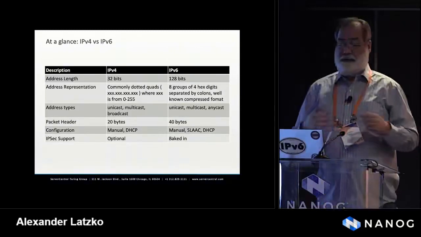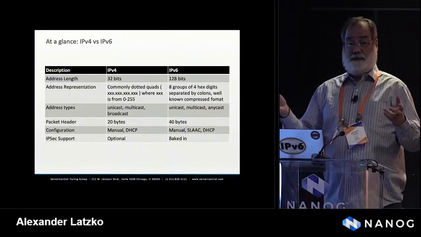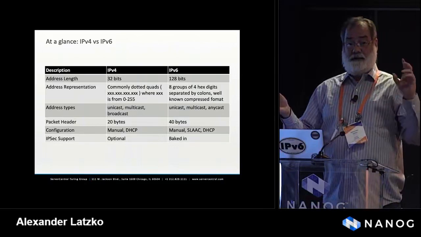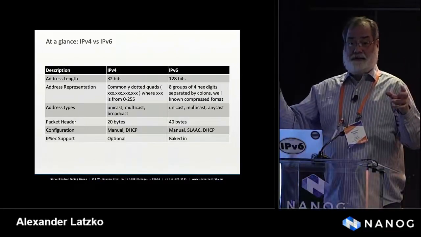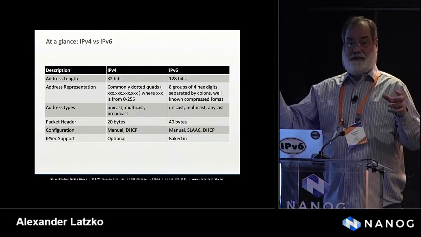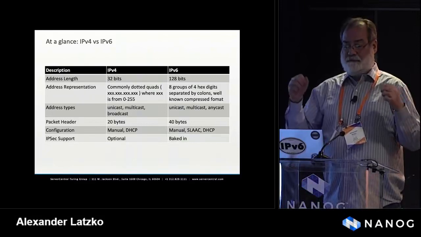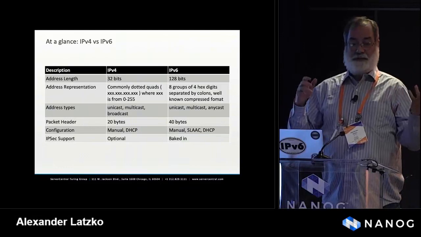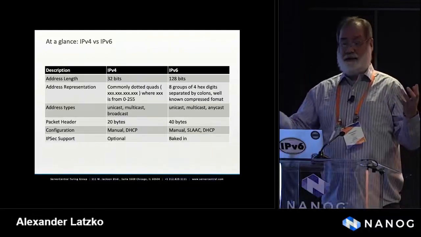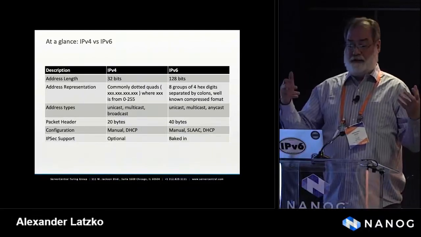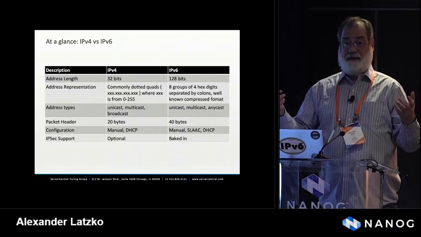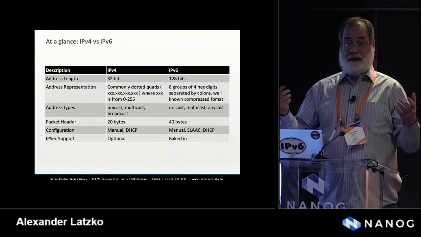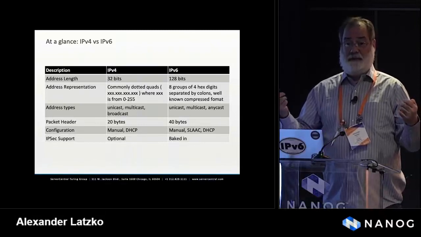Okay. So differences: 32 bits, 128 bits. You can take all of your v4 address space and just map your physical address representation into a v6 address. Address types: unicast, multicast, broadcast in v4; unicast, multicast, anycast in v6. Your packet header sizes are different. v6 is bigger. Get over it. It'll get even bigger if you're using segment routing.